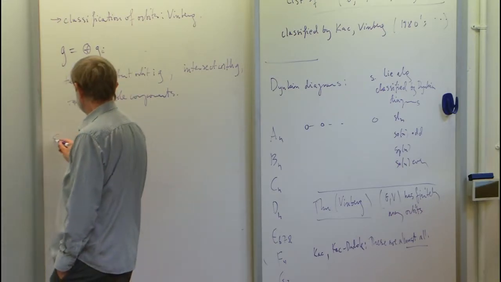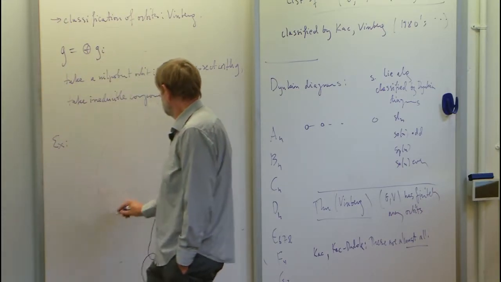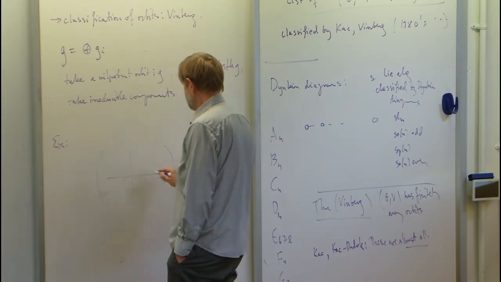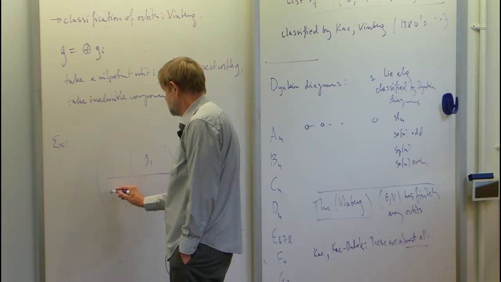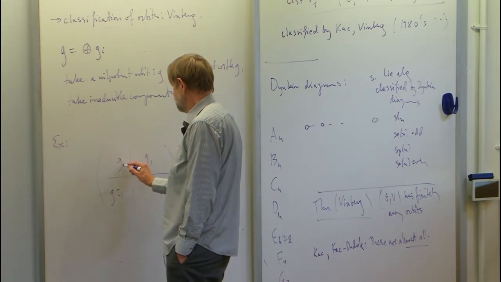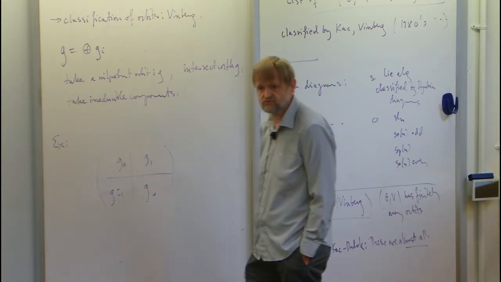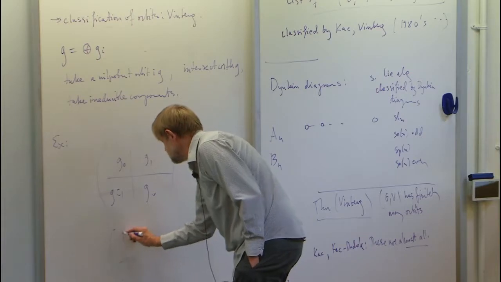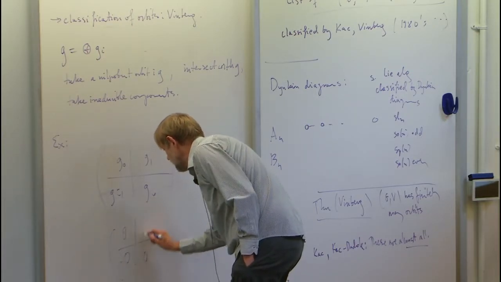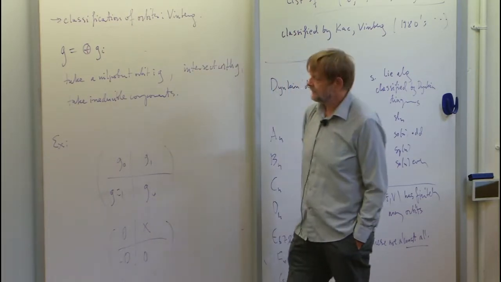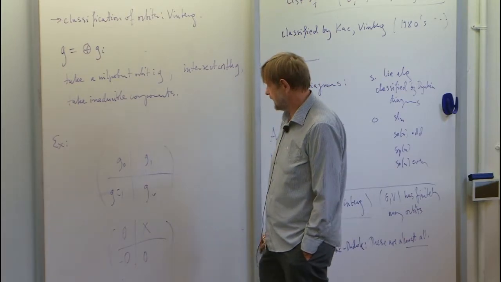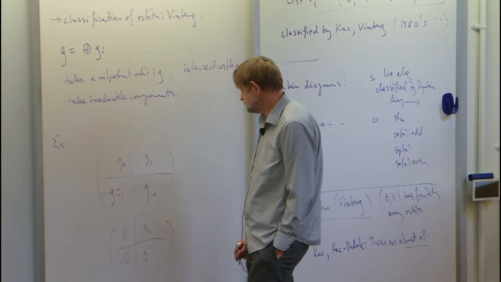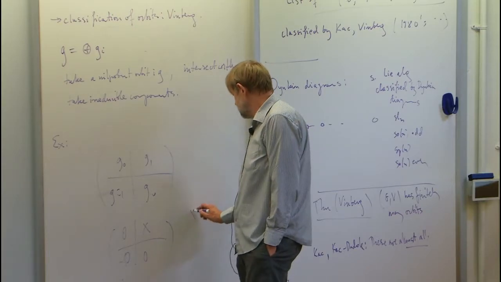Just coming back to our example, let me do the example. G1, G minus 1, and G0, our SL7. Now you see clearly if you take a matrix of the type 0, 0, 0, X, well, you get a matrix such that certainly X squared is 0.